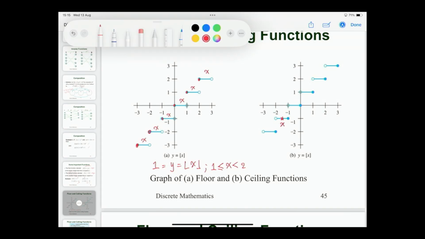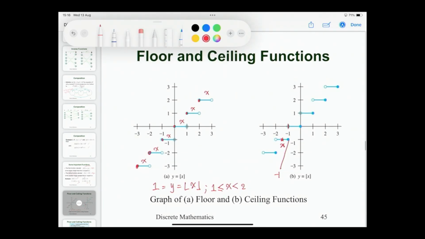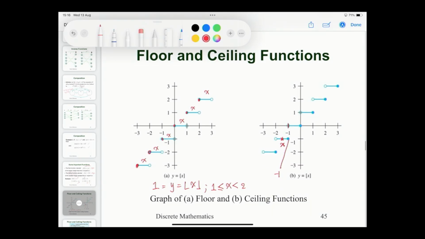So with the ceiling function, the result would be just this point here, the value -1, because -1 is greater than -2, right?